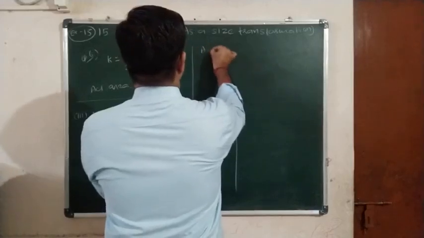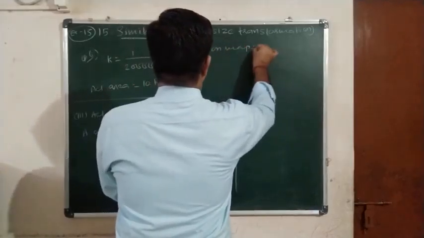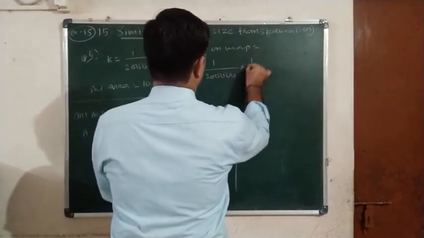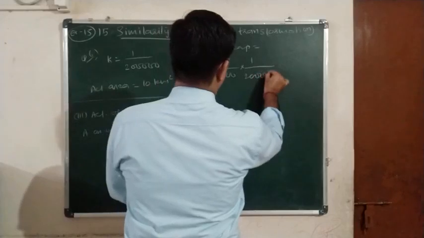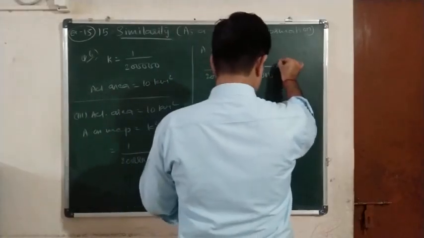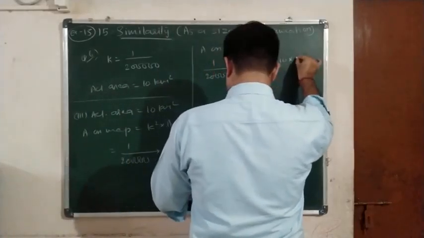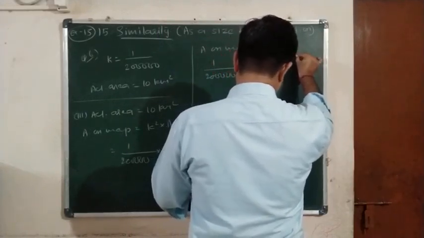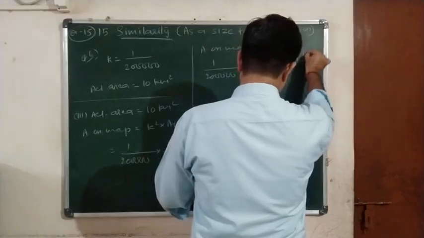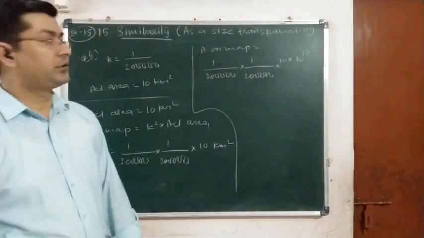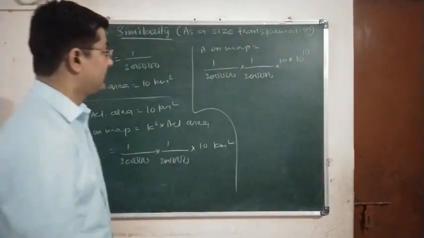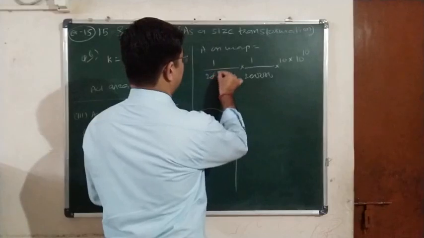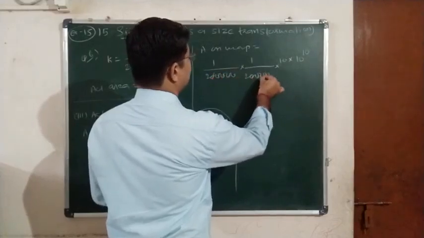Therefore area on map is equal to 1 upon 2 lakh into 2 lakh into 10 into 1 lakh into 1 lakh. So total 10 raised to 10 I can write, so total 10 zeros after 1. Now these zeros we can cancel.